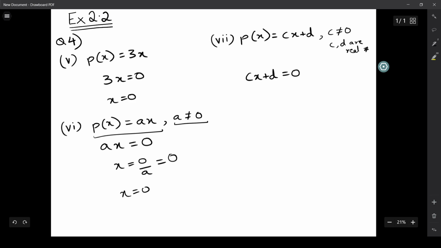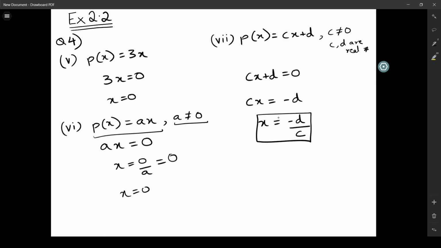Now we'll equate this polynomial equal to 0. This gives us cx is equal to minus d, or x is equal to minus d by c. Now this value x equals minus d by c is a 0 of this above polynomial in part number 7. And that brings us to the end of this exercise.